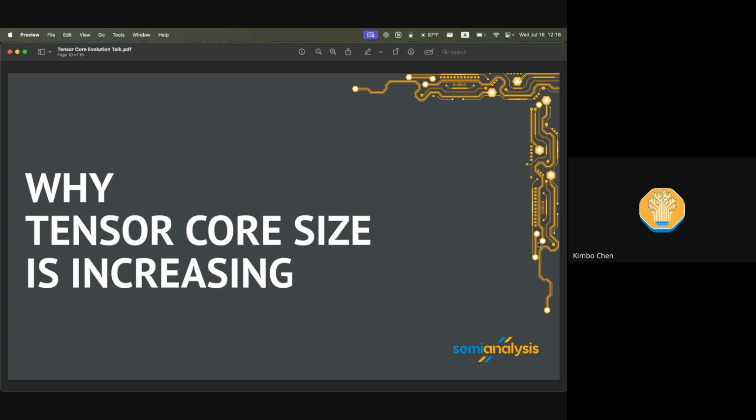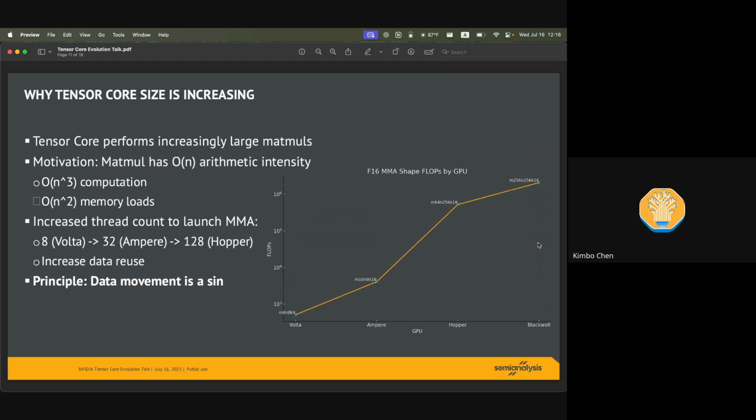Okay, so the first trend I want to talk about is the fact that tensor core size is increasing generation by generation, and the reason why, and also the principle behind it. So tensor cores have been able to perform increasingly large matrix multiplications. This implies that the tensor core size is increasing.